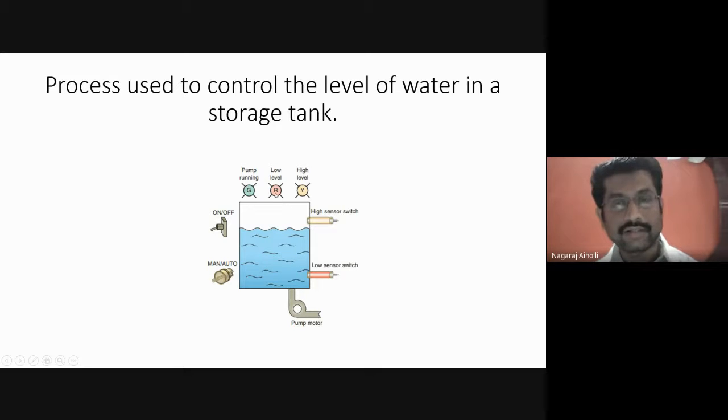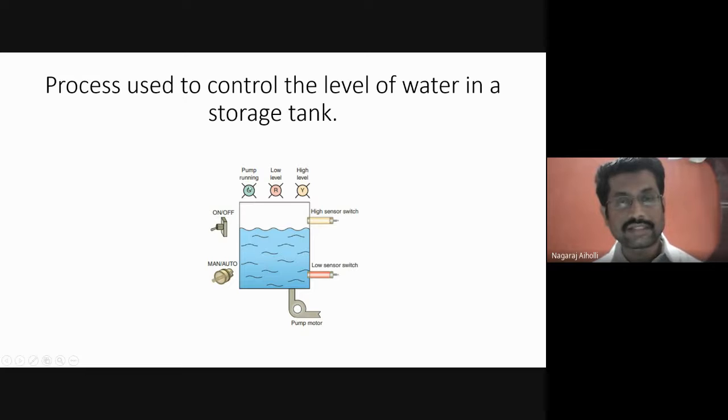Once the low level is reached, it means that the water has to be pumped, the motor has to pump, and we see that the water level is maintained. If the low level is reached, we have to pump the water and see that the level is brought back to its normal state or to its high state.